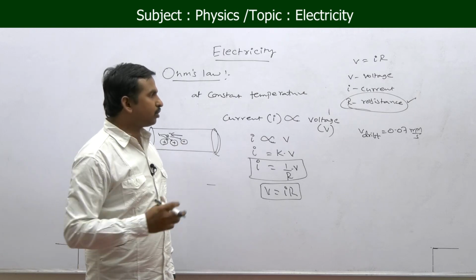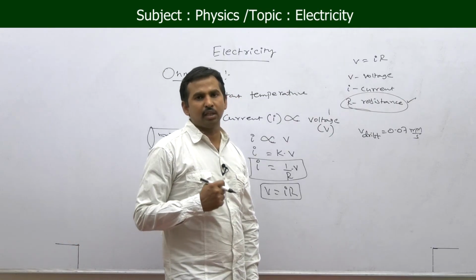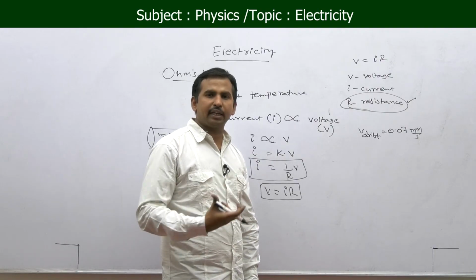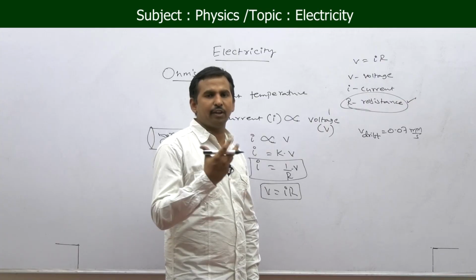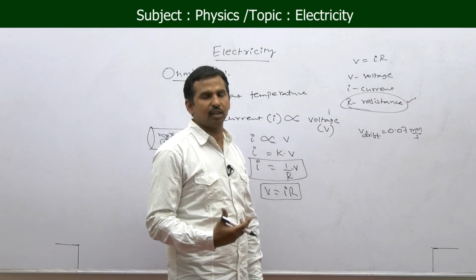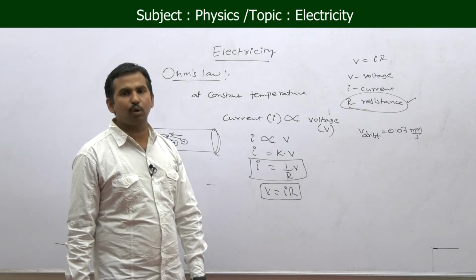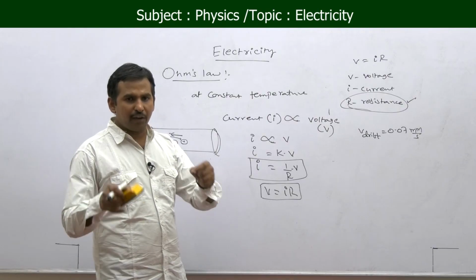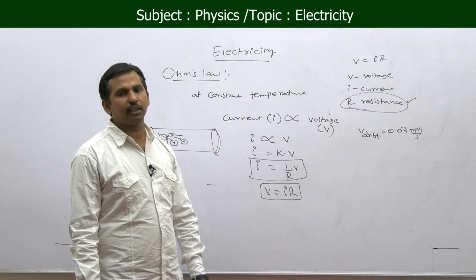Then, if the velocity is 0.07 millimeter per second, which is very less, how is it possible that whenever we turn on a switch, we immediately get the reaction, like a fan rotating or the bulb glowing, in very less time? How that is possible is, current means rate of flow of charge. There is no relation to the velocity of that one, because every electron movement per second gives you the strength of the current.